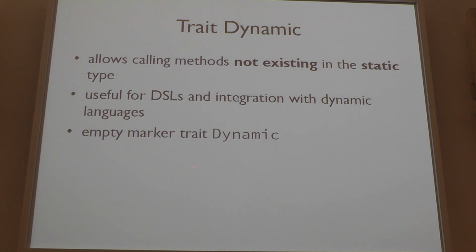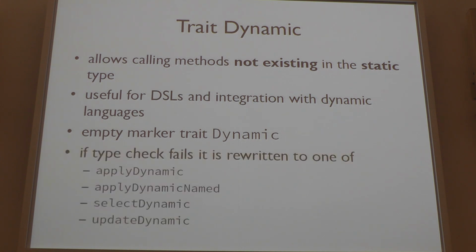There is a marker trait called Dynamic that your class has to extend from if you want to use this feature. You also have to enable it by importing the feature from the language object, as I've shown on the first slide. And the rules for type Dynamic are the following.